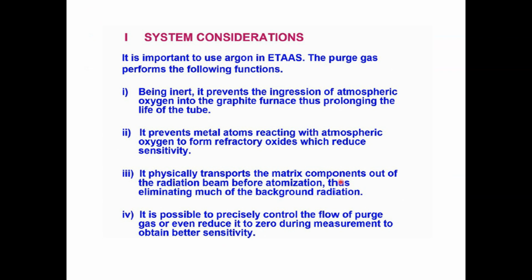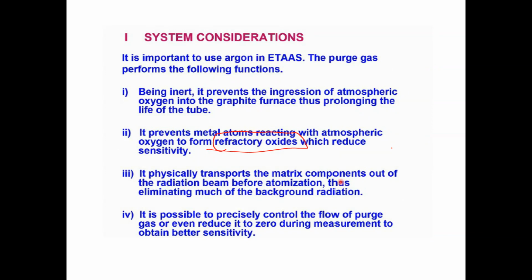If I talk about the electrothermal AAS, it is important to use argon. Why? Because it is inert. It prevents metal atoms from reacting with atmospheric oxygen to form refractory oxides, which are very resistant to heat and interfere in the analysis. It physically transports the matrix components out of the radiation beam before atomization, thus eliminating much of the background radiation.